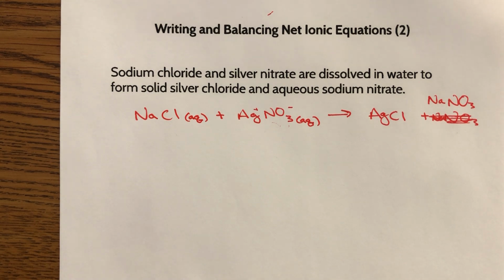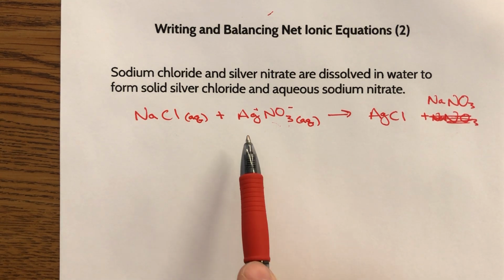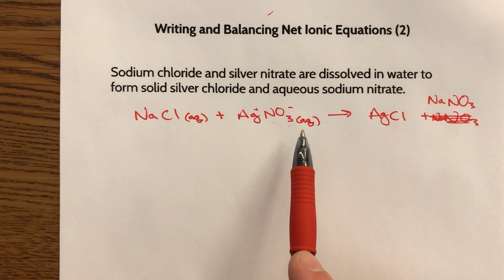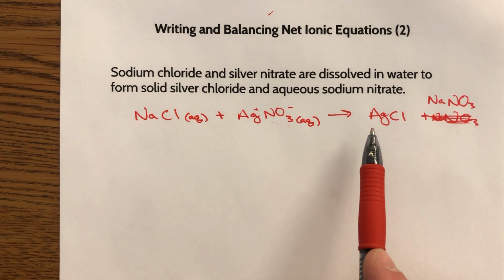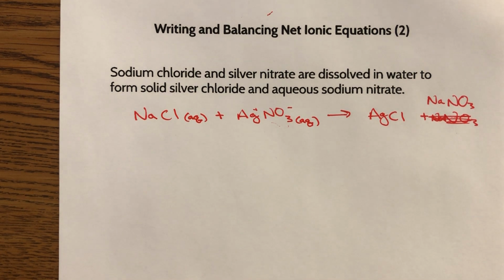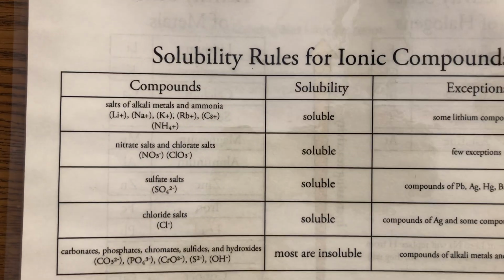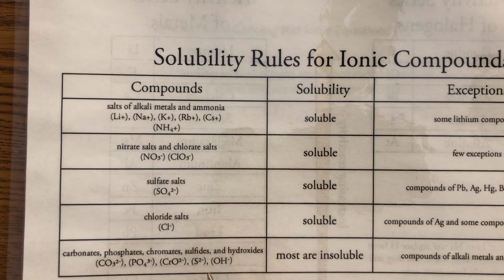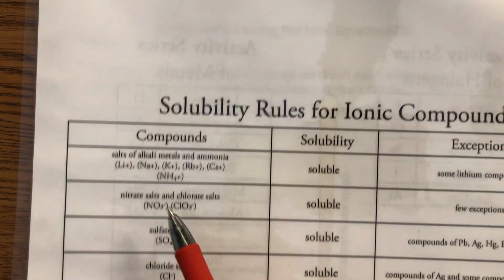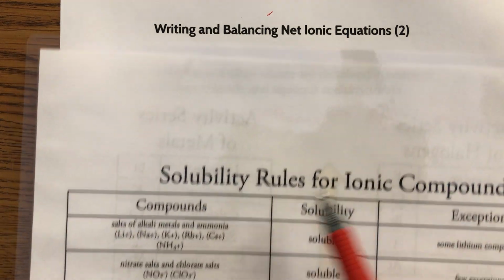All right, let's keep going. So we've got sodium chloride in an aqueous solution, and we have silver nitrate in an aqueous solution. And we're going to see which one of these forms the precipitate. So we're going to pull out our solubility rules sheet and examine what we have here. Let's take an example. We have sodium and nitrate.